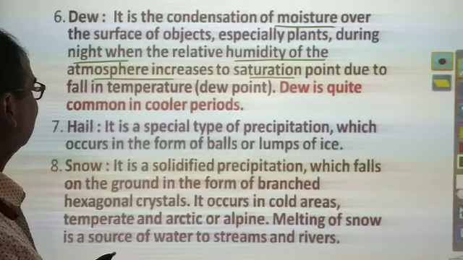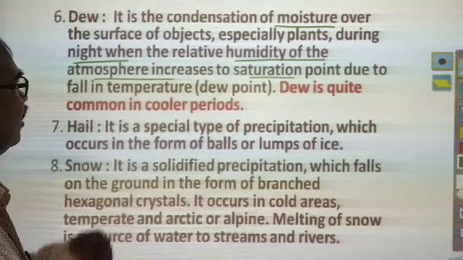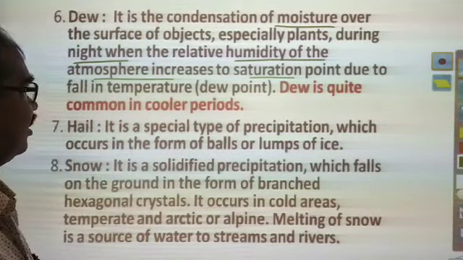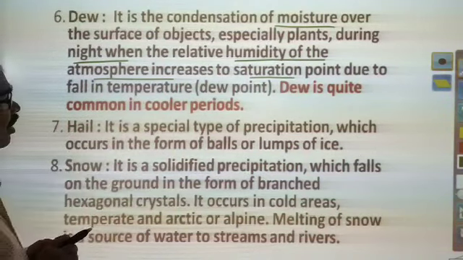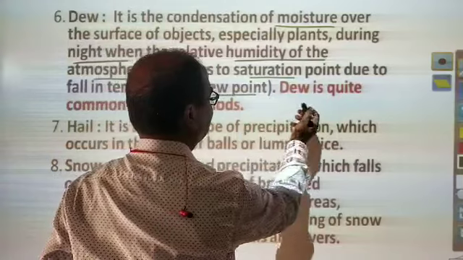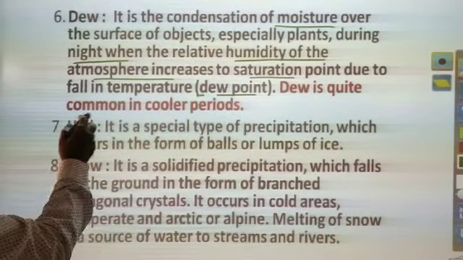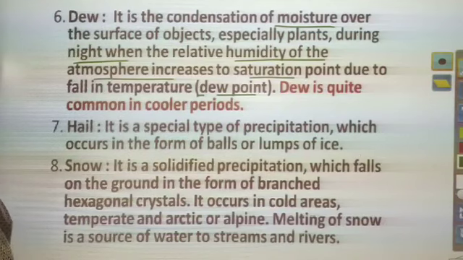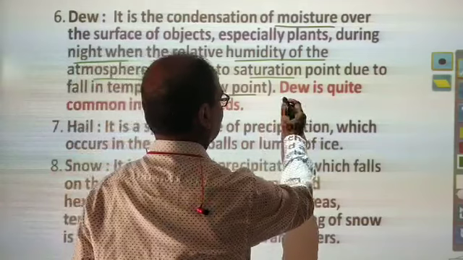When the relative humidity reaches saturation point at night, the dew point is reached. Due to falling temperature, the dew point is reached and dew is formed. It is quite common in cooler periods, so in the winter season dew is formed.